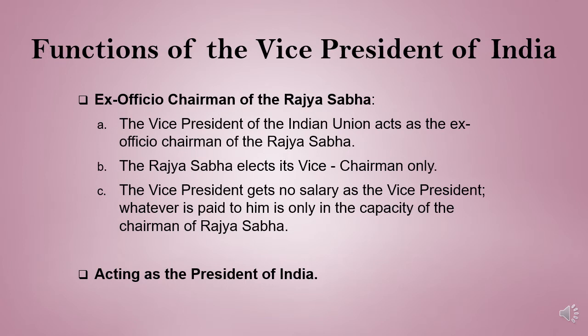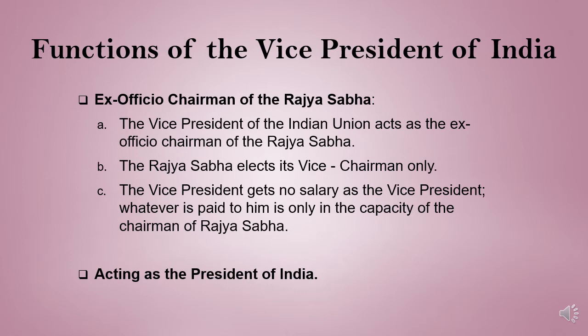The vice president gets no salary as the vice president. So being a vice president, he doesn't get any salary, but he is paid only because he is the chairman of the Rajya Sabha. As he is the chairman of the Rajya Sabha, that's why he is given the salary. Then the next one is acting as the president of India.